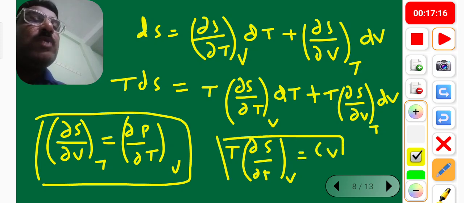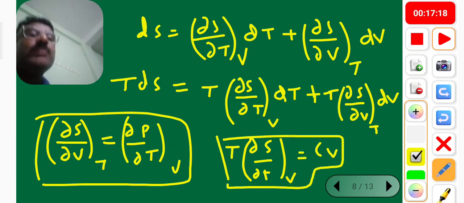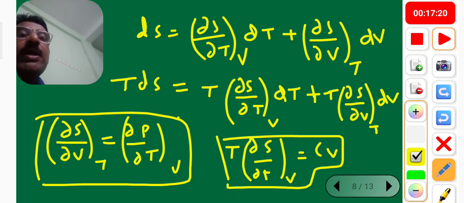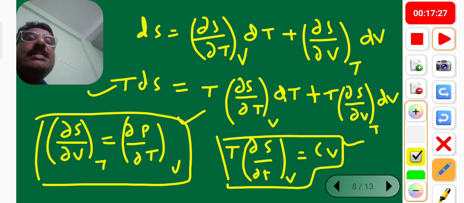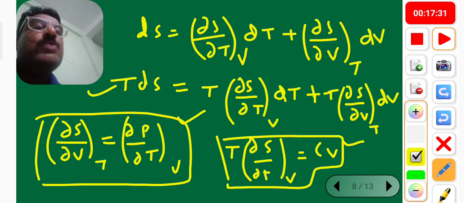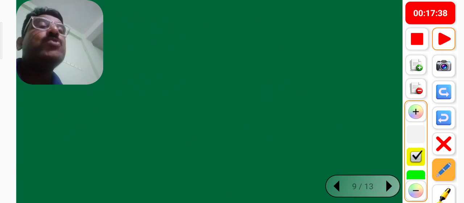So these two relations I'm going to use in this equation, TdS is equal to T (∂S/∂T) dT plus T (∂S/∂V) at constant temperature dV.